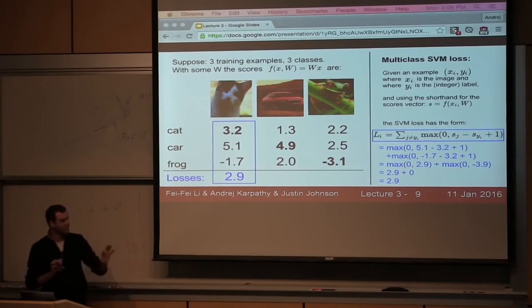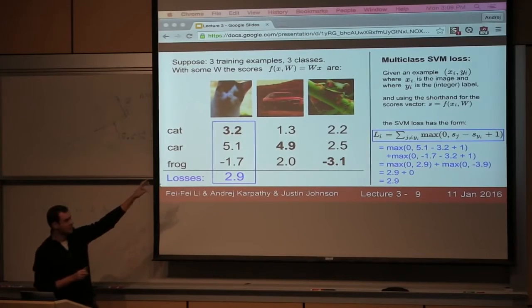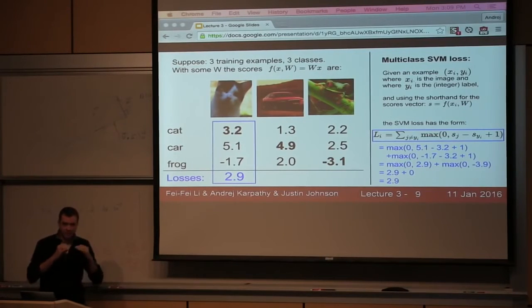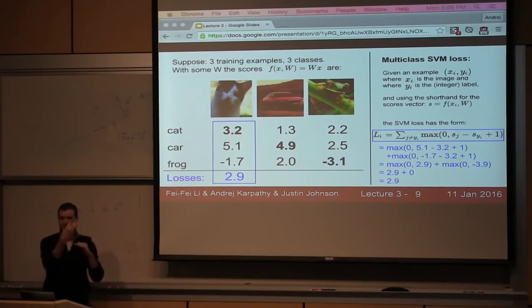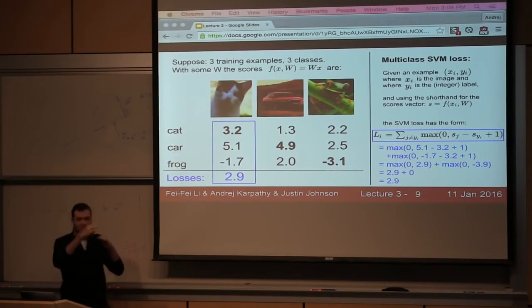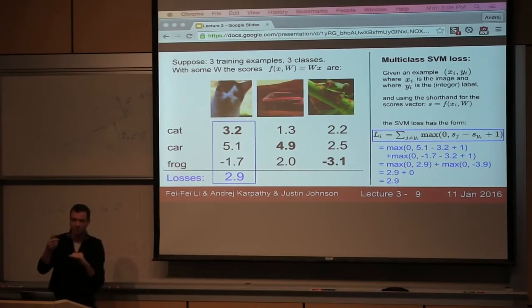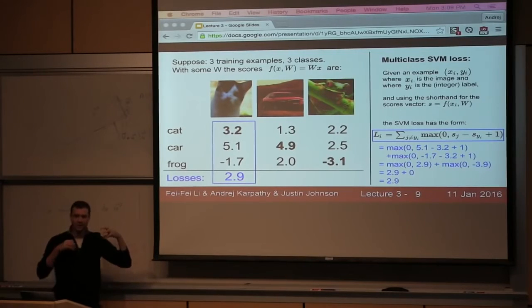So intuitively, the way this worked out is that the cat score is 3.2. So according to the SVM loss, what we would like ideally is that the scores for all the incorrect classes are at most 2.2. But the car class actually had a much higher score, 5.1. And this difference between what we would have liked, which is 2.2, and what actually happened, which is 5.1, is exactly this difference of 2.9, which is how bad of an outcome this was.